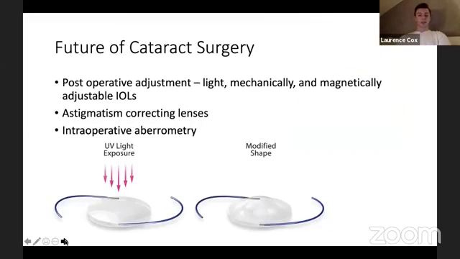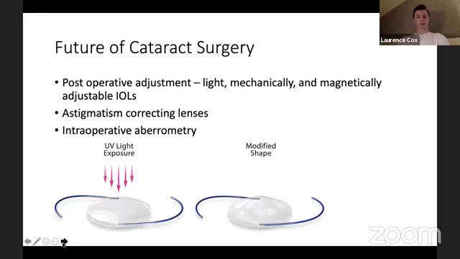Cataract surgery at the moment is extremely good, but it's not perfect. And a few developments that we might start to see in the future are the ability to post-operatively adjust intraocular lenses. So there's a few papers which have been published, particularly on the use of UV light.